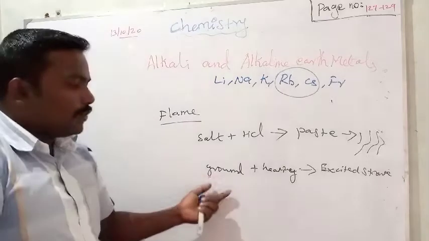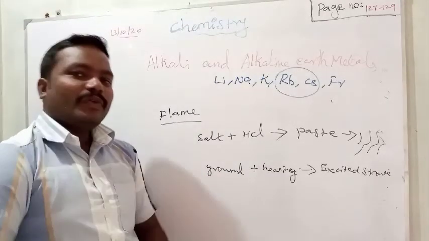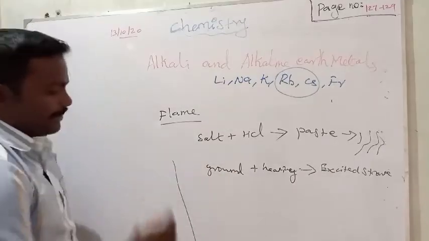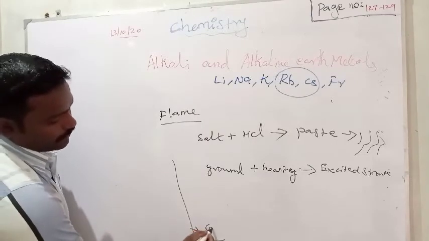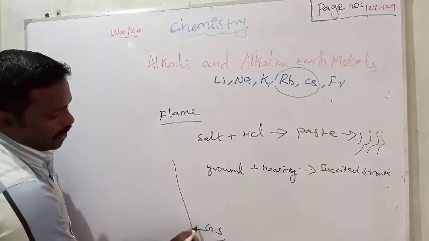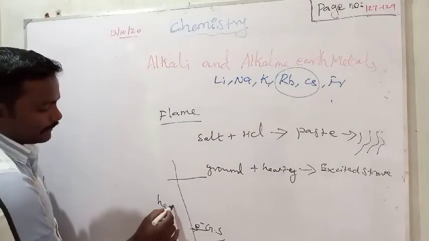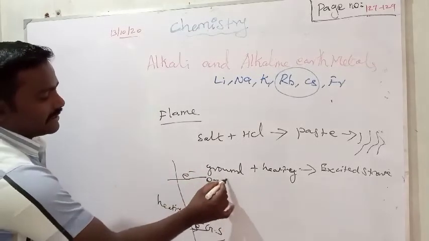So ground state electrons on heating will absorb some energy and go to the excited state. So you just remember ground state electrons. Here we have the electron. Because of heating, it will go to the excited state.